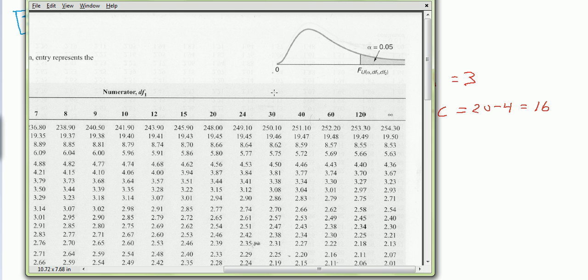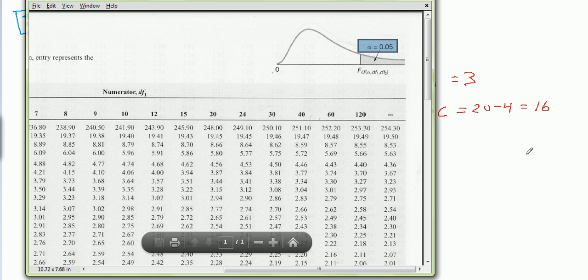It's typically a right skewed distribution. An important thing to notice is this whole table is for alpha 0.05, which is exactly what we needed. If you had a different alpha, you would have a completely different table. I'll try to limit my examples to the tables that I supply you, namely this one. So we're in the right place.